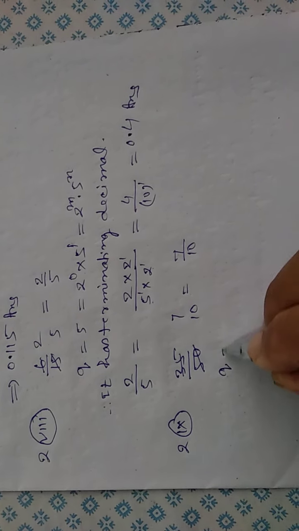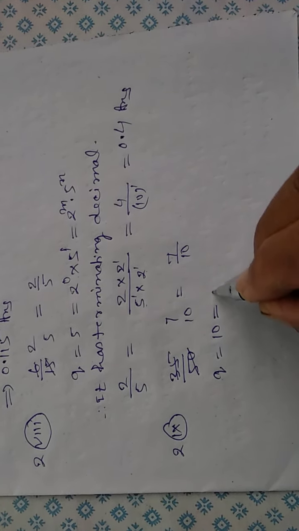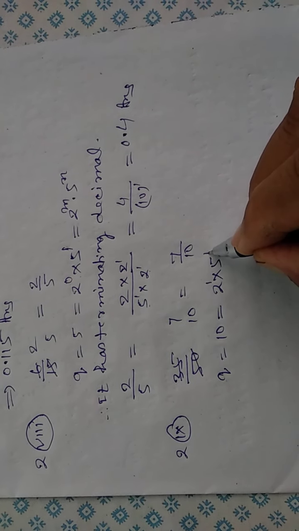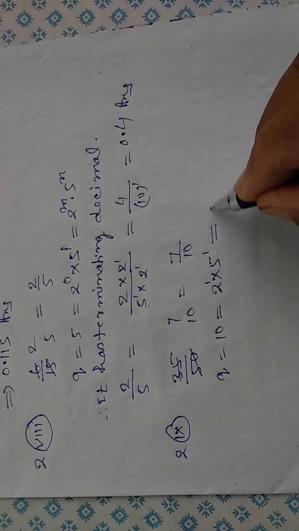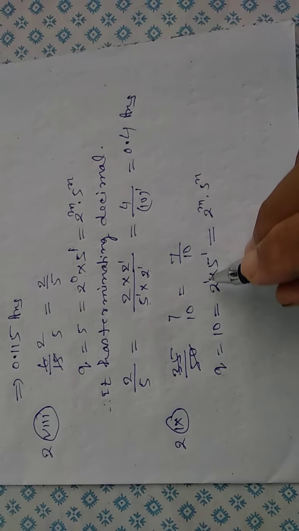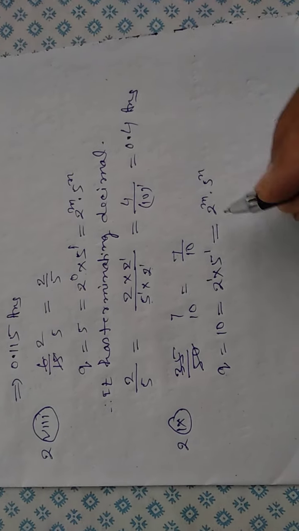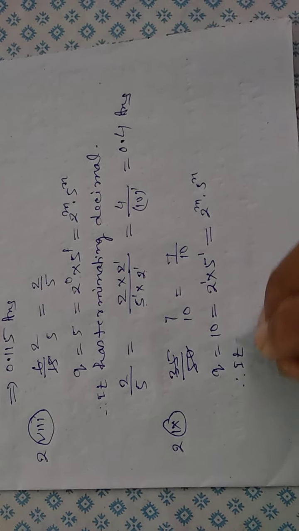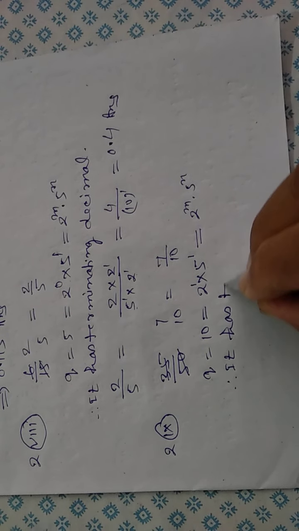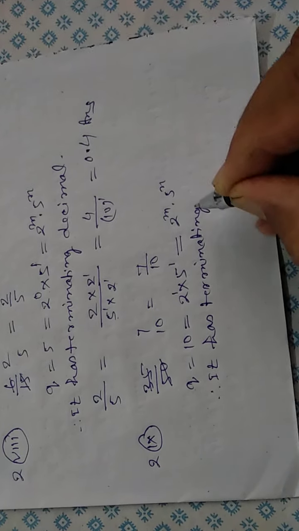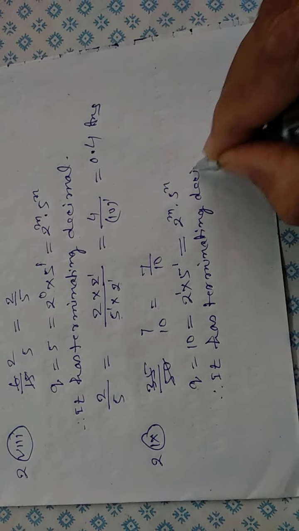Now Q is 10 and its prime factors are 2 into 5, that is 2 power 1, 5 power 1. It is the same as 2 power m into 5 power n, with m equal to 1, n equal to 1. That is, it has terminating decimal. Therefore, it has terminating decimal.